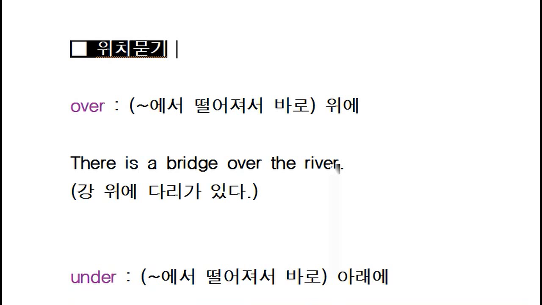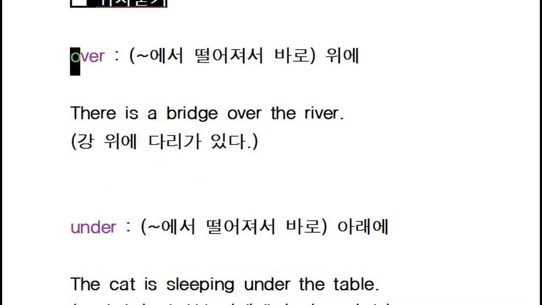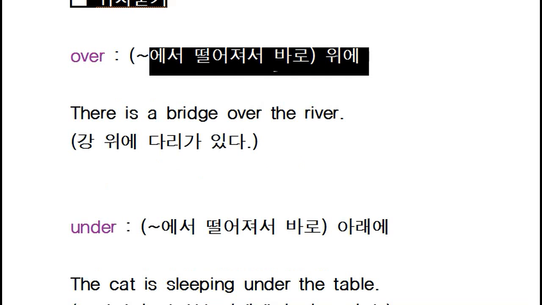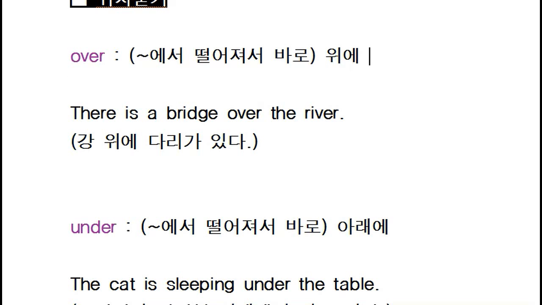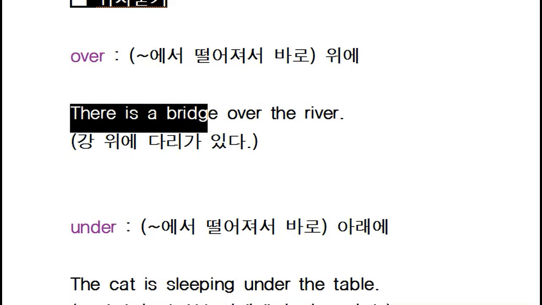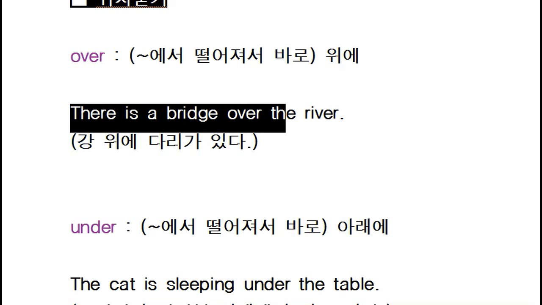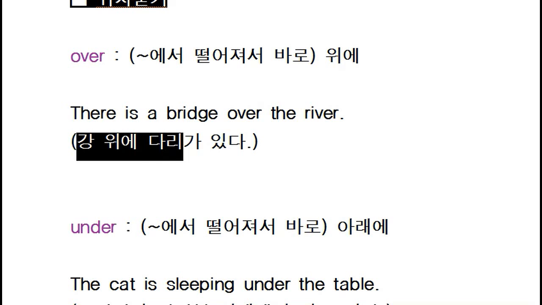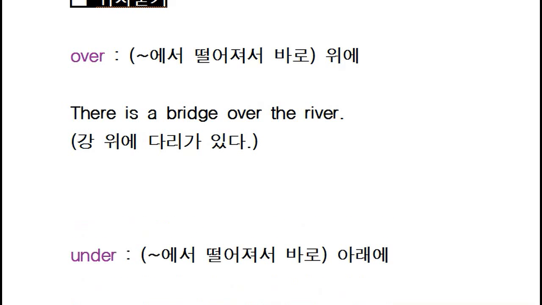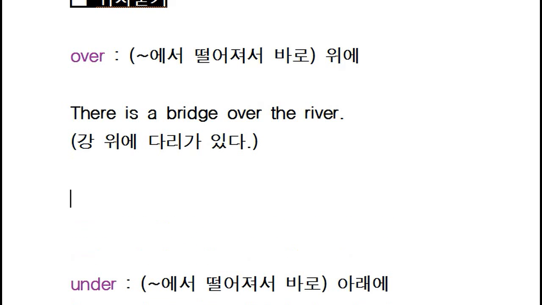Prepositions, or this one. First is over. What is over? This one. Over. Let's go. There is a bridge over the river. One more time. There is a bridge over the river. Don't forget. Let's make another example for over. You can say what?